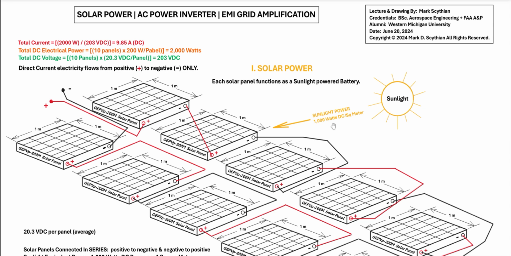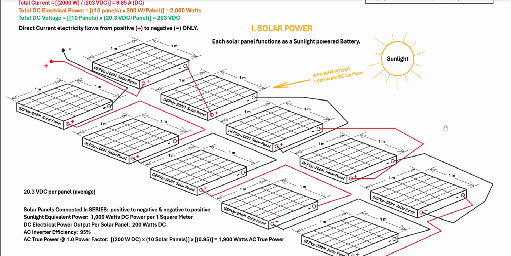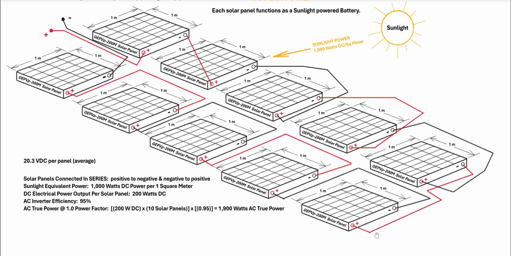So we're taking these 200 watt solar panels and we're connecting each panel so the wiring goes from positive to negative, positive to negative, and then negative to positive.